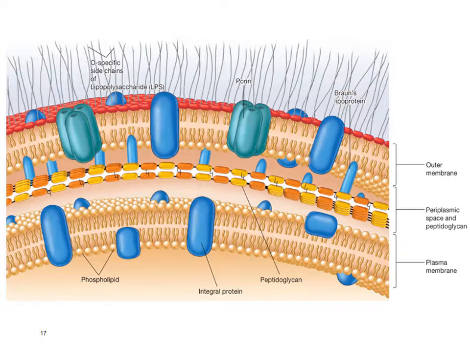Okay, just above that we have the first of the periplasmic spaces, followed by a very thin layer of peptidoglycan, and then the second of the periplasmic spaces. And in this second periplasmic space we can see the linking of the peptidoglycan with the outer membrane by those blue Braun lipoproteins.